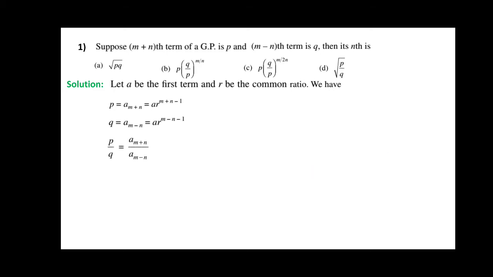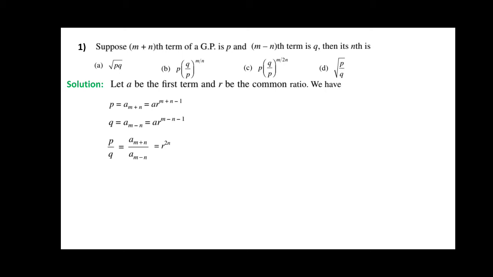Now students, we can take the division of P by Q, which is a r to the power m plus n minus 1 divided by a r to the power m minus n minus 1. Here a cancels, the powers of r to the m cancel and minus 1 cancels, and r to the power n divided by r to the power minus n, taking the numerator side, becomes r to the power 2n.